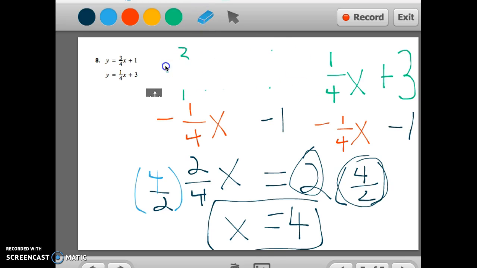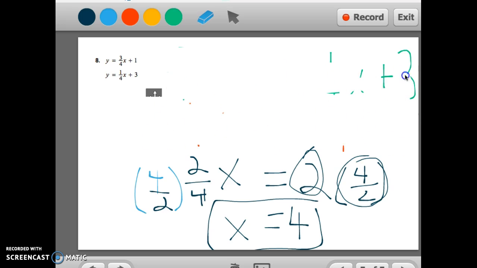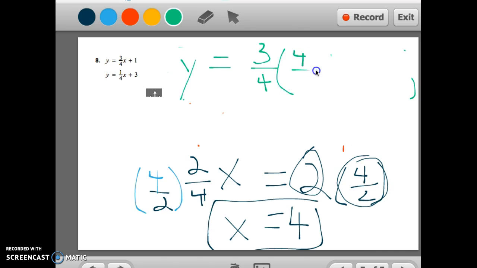Well, y is 3/4 x plus 1. All right. So it's y is 3/4 of 4 plus 1, because x is 4. It's 3/4 of 4. 3/4 times 4. Now I'm going to put the 4 as 4 over 1, because sometimes that's easier to think of multiplying that way.